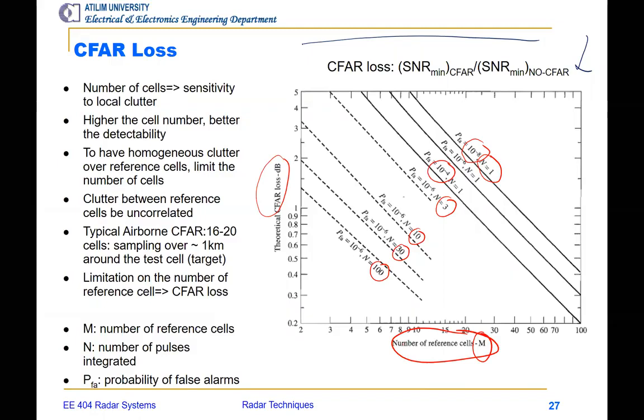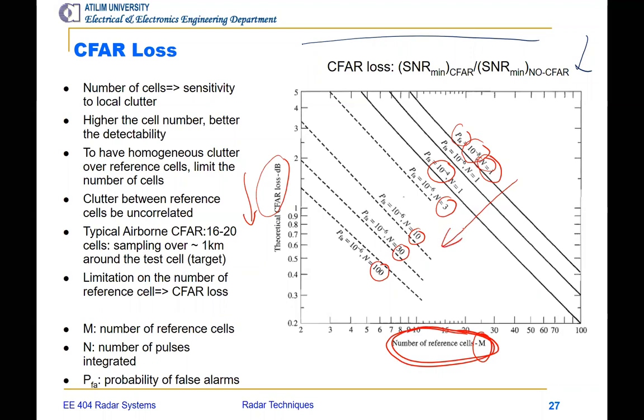And when we increase the number of reference cells for any PFA and N, we simply reduce the CFAR loss. That's good. And when we increase the number of pulses integrated, we can reduce the number of reference cells.